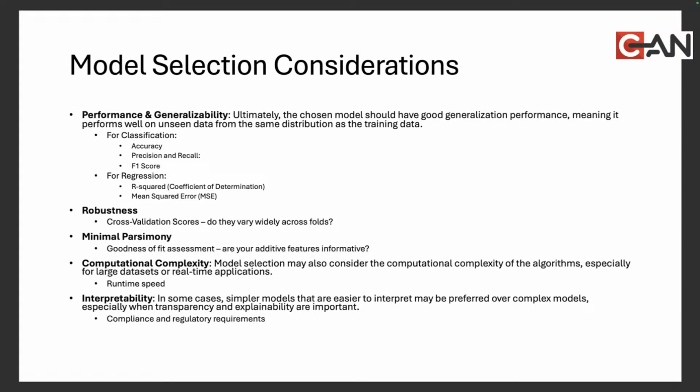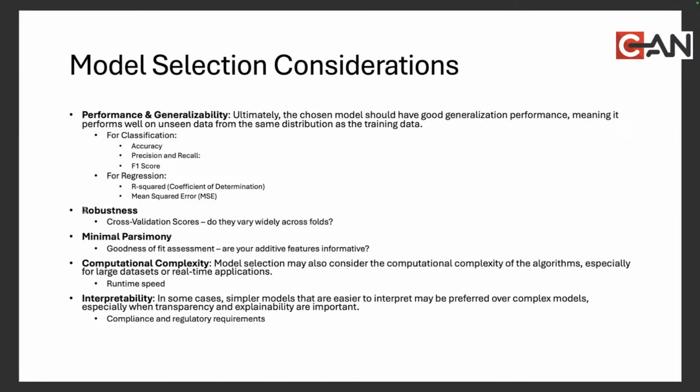Why did the model make that prediction? And is it transparent enough for regulators to accept that as a reason for making a decision? That's a question worth considering when you are selecting your model to use, in addition to computational complexity.